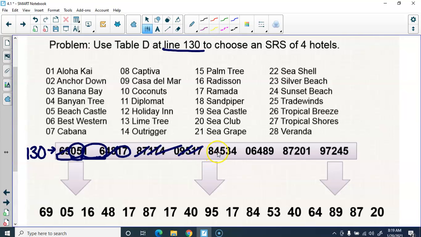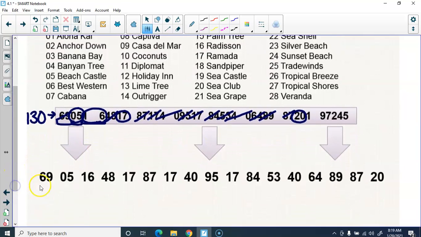Cross that out. 84, 53, 40, 64, 89, 87, 20. So they did break it up into the 2 digits for us, but so we looked at 5, 16, 17, and 20 as our 4.